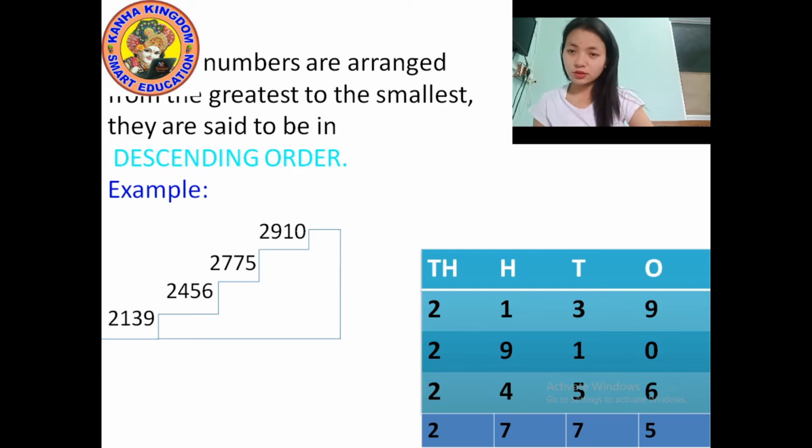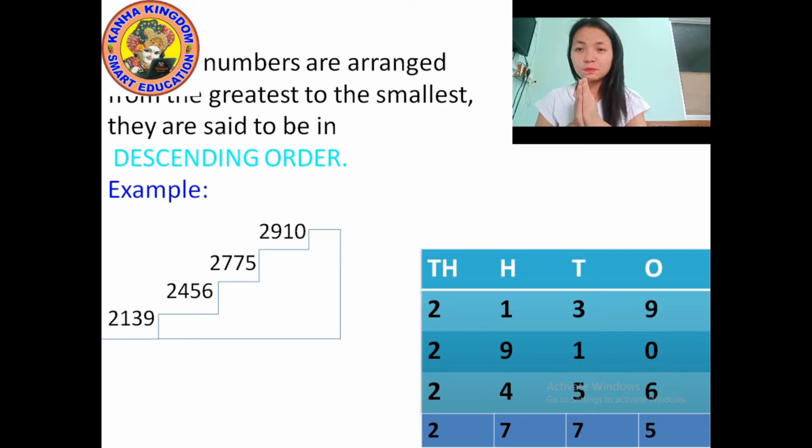First you have to write the greatest one, and after writing the greatest number, then you write the smallest.